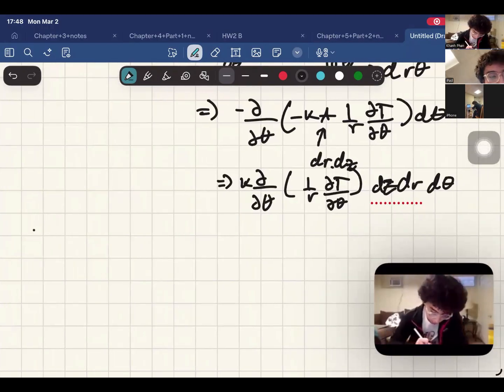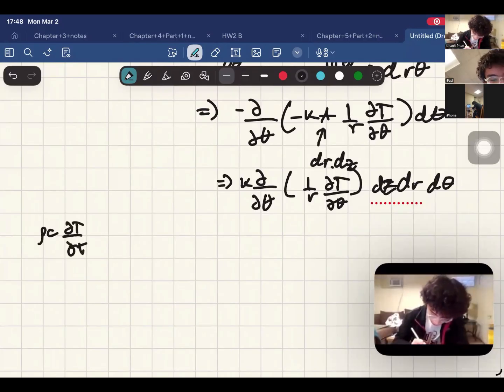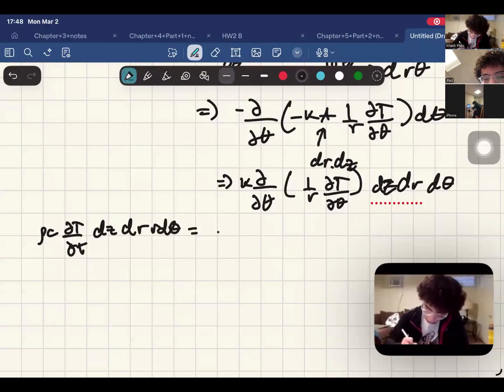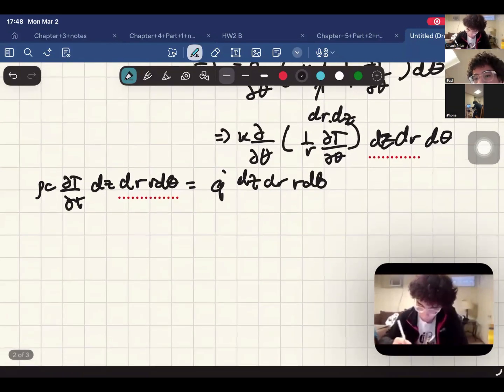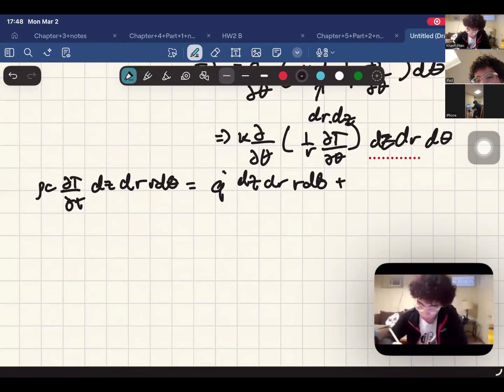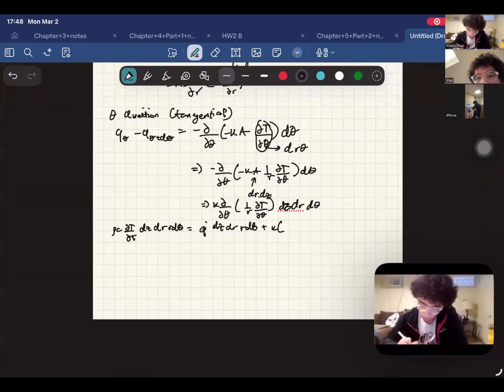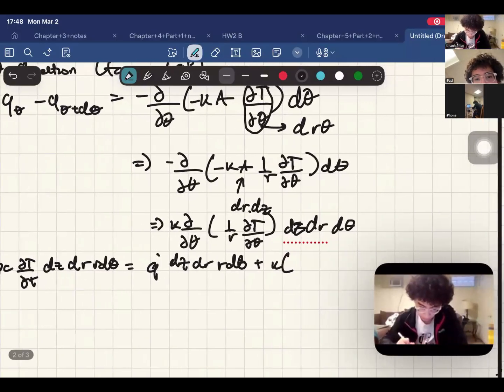Okay, so we would have rho C dT, temperature with respect to time, times dz dr r d theta, equal to q dz dr r d theta, and then plus, I'm just going to pull k out and then factor k out.